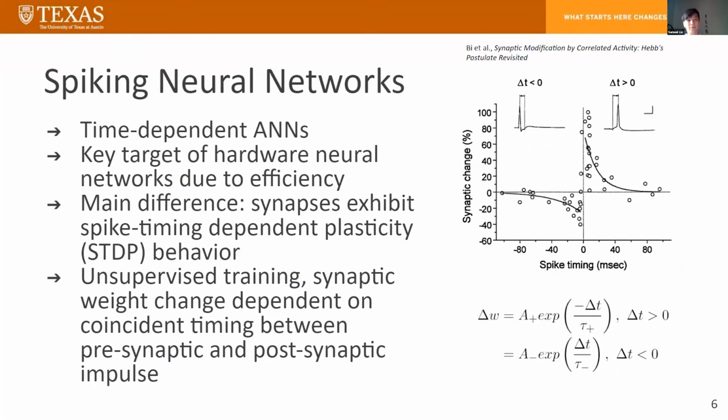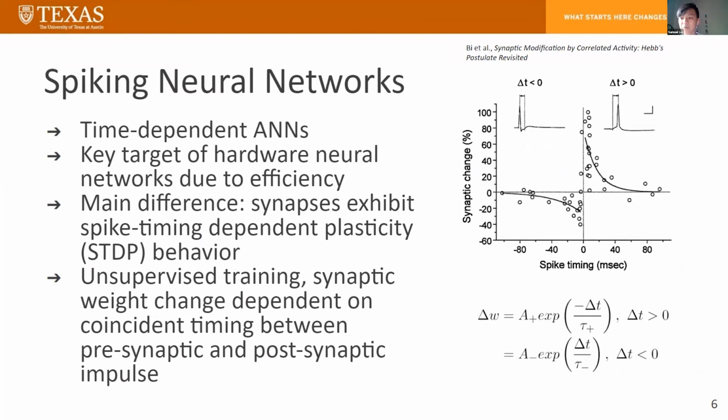So this leads into spiking neural networks. LIF neurons are particularly effective in SNN implementation. SNNs are basically ANNs with time dependence, where impulses are not constant and instead they're spikes. Due to energy efficiency compared to ANNs, this is the target of a lot of neuromorphic devices.